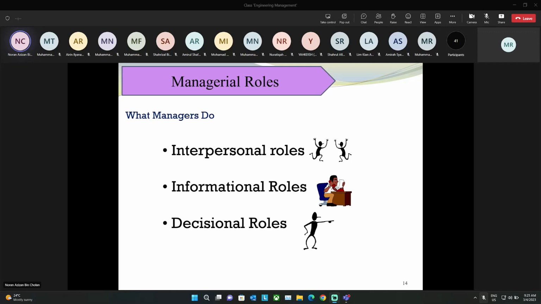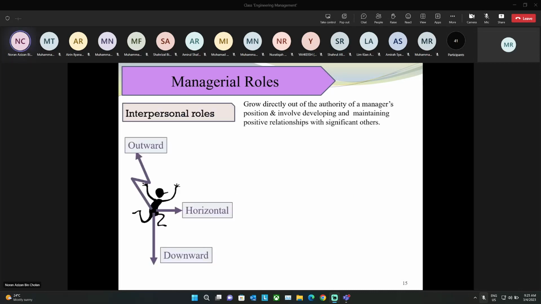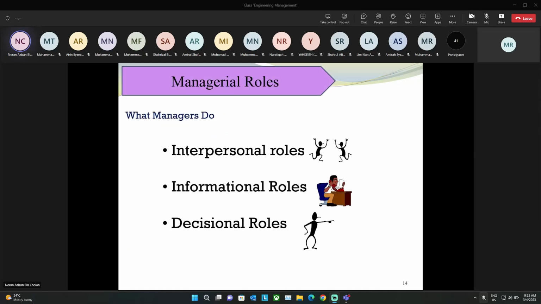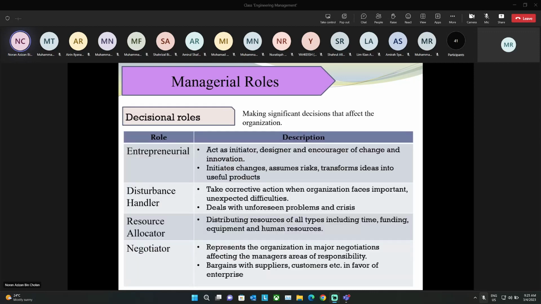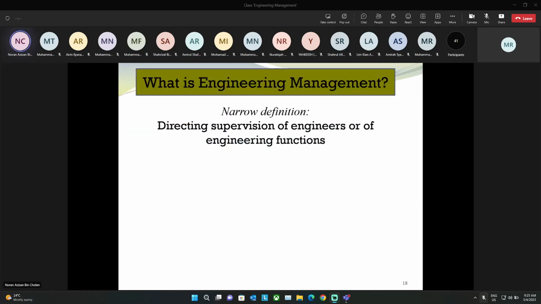But next week we will have the class, and we will start at 8:30. We will continue from this point, the managerial roles, until we finish chapter 1. And then if we have time, we go to chapter 2.